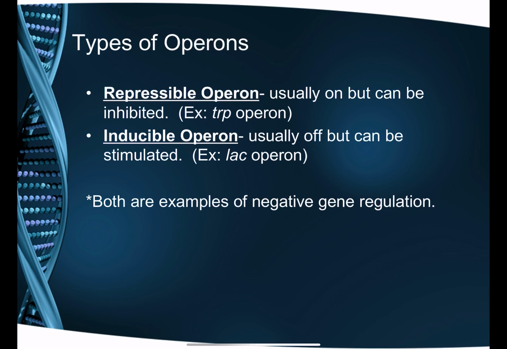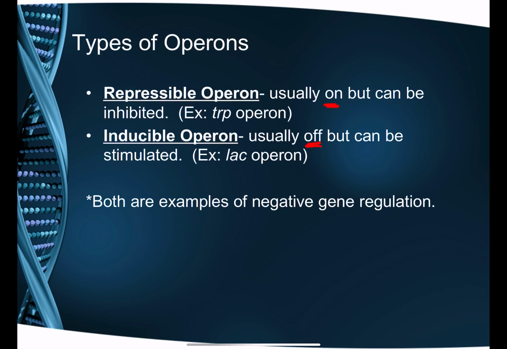All right? So there are 2 types of operons that we're going to talk about today. Repressible operons and inducible operons. So the difference in these is that repressible operons are usually on, but they can be turned off, okay? Inducible operons are usually off, but they can be stimulated or turned on.